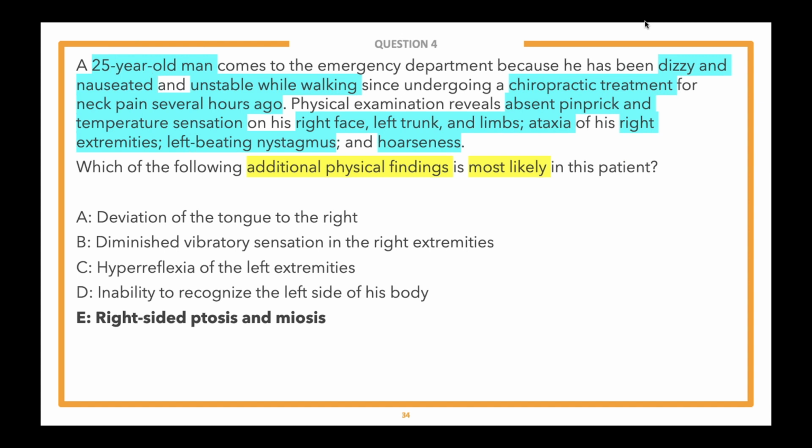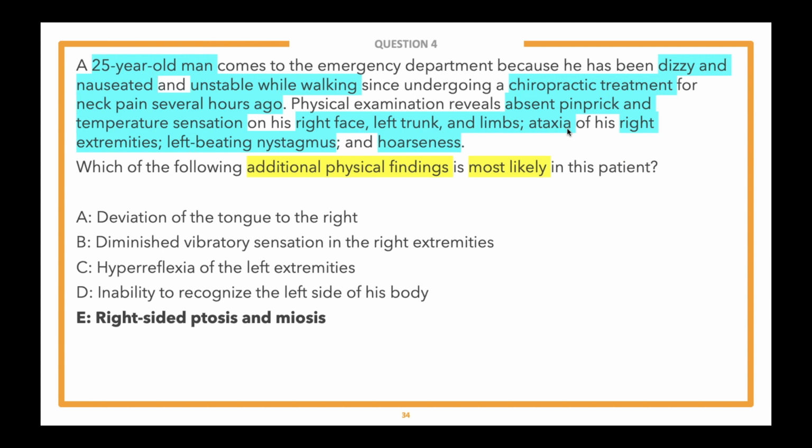Answer choice B, diminished vibratory sensation in the right extremities. So nerve fibers carrying vibratory and proprioceptive information actually course through the medial medulla in the medial lemniscus, okay? So this is something that would be suggestive of medial medullary syndrome, not lateral medullary syndrome, okay?